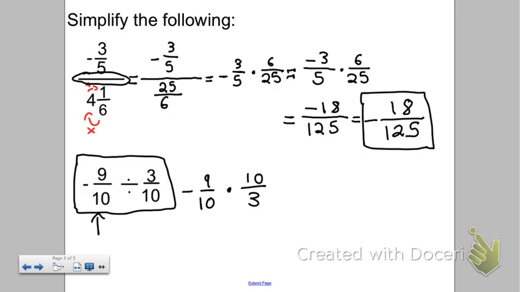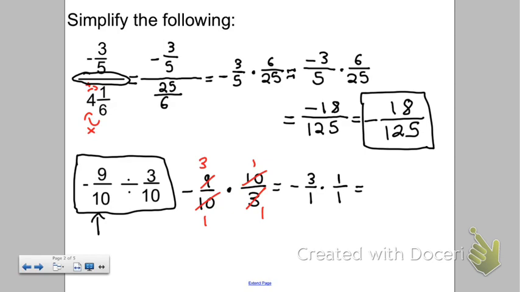I can reduce this before I even start my multiplication. 10 and 10, both of those can turn into 1s. I could turn this 3 into a 1. I could turn this 9 into a 3. So now I have negative 3 over 1 times 1 over 1.